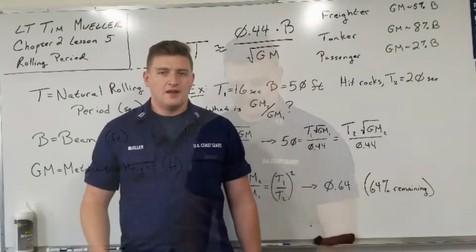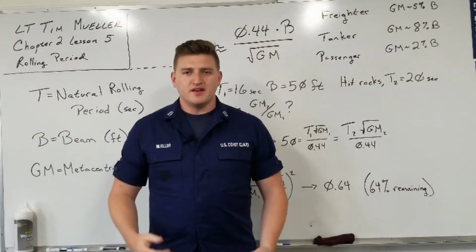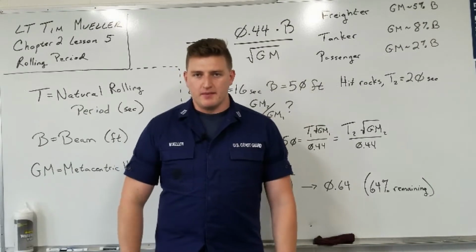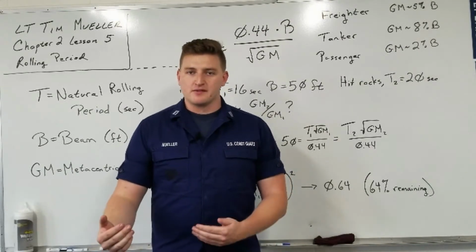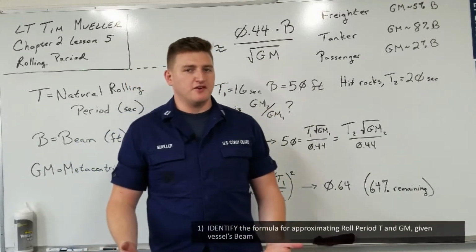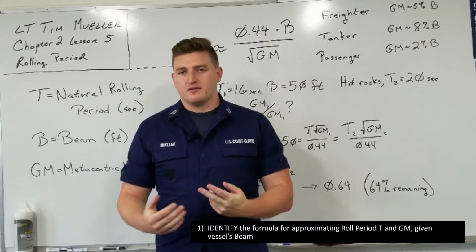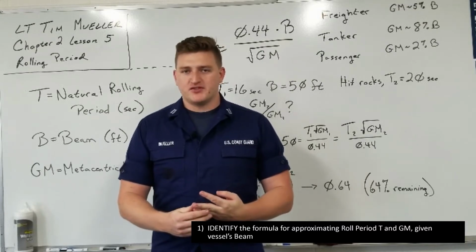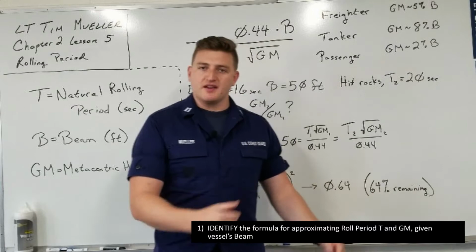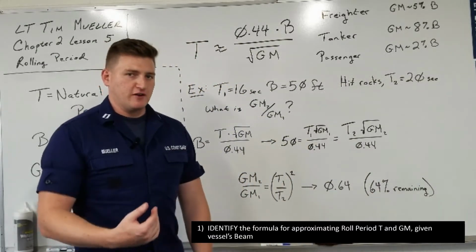Now back in World War I, there was a necessity to somehow guess or at least approximate the metacentric height of enemy vessels or vessels that were being approached on the open ocean using only variables that you knew. You either knew the length overall, the beam of ships, and some other characteristics just because of knowing different ships just like it, and you could also measure the rolling period.